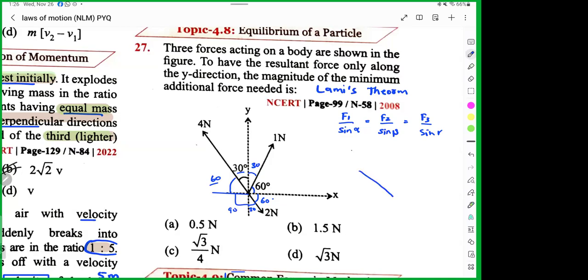So you will do like this. First force 4, and here angle will be 180. Look, straightforward it is 180, right? Then second 120 and remaining 60.